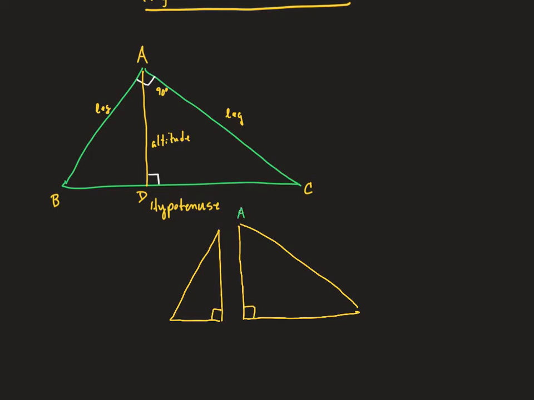And then we had point A, B, point D, and C. Hopefully you can see that I've pulled those two triangles apart. When the altitude is drawn, we create two similar triangles. They are similar to the original triangle and to each other. To prove that these two new triangles are similar to the original triangle, we can use the angle-angle triangle similarity criteria.